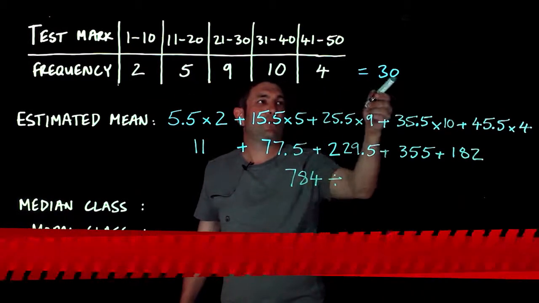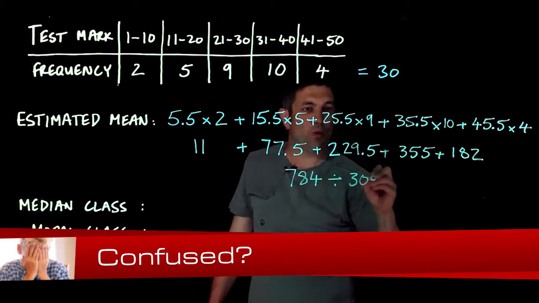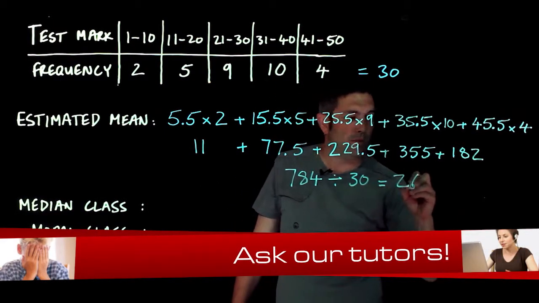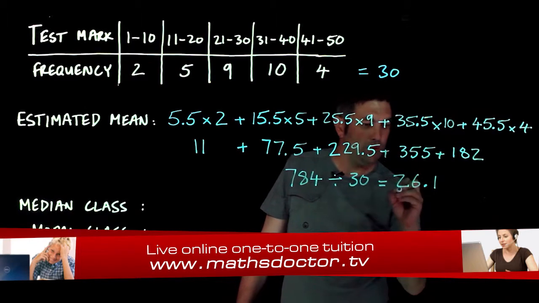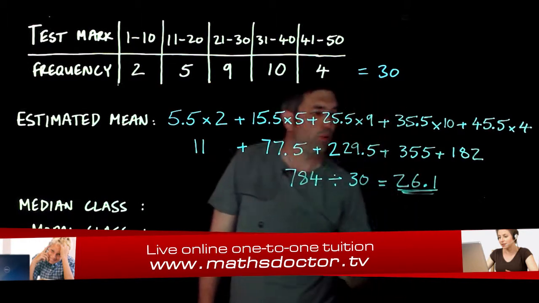We just count them up and we got 30, and we divide those, and using my supreme mental arithmetic skills, I end up with 26.1.